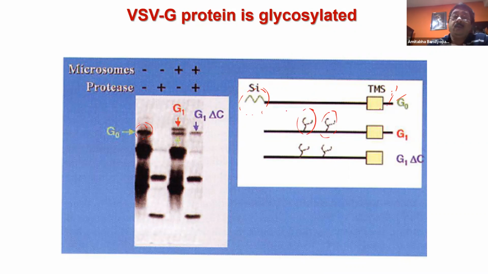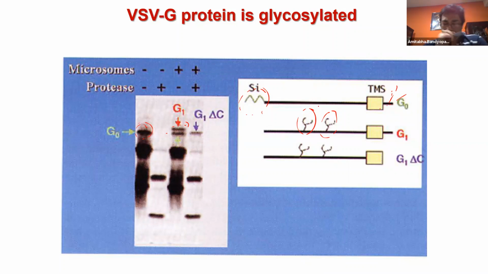You do that in the presence of protease, and of course there is nothing to protect it, so most of it is degraded. You do that in the presence of microsomes, then you get a slightly higher molecular weight form, which will not have the signal peptide, but which will have the sugar modification.